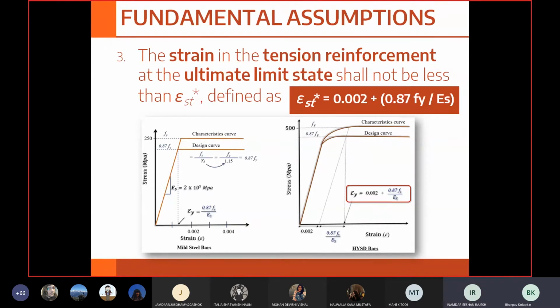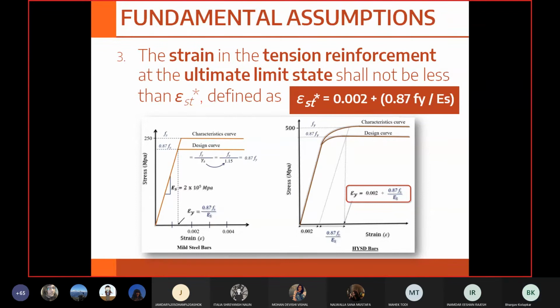Is that your question? Yes. The answer to this question is yes. For mild steel, you can use an epsilon st star value of 0.87 fy by Es. That's fine. That is when the mild steel is going to start yielding. And if you're using mild steel, even if your strain value is 0.87 fy by Es, that's fine. The yielding is already started and you're going to get a ductile behavior.